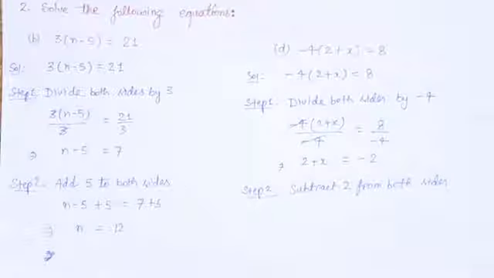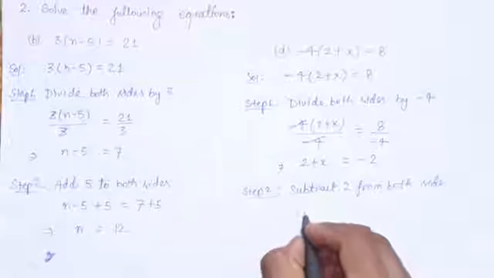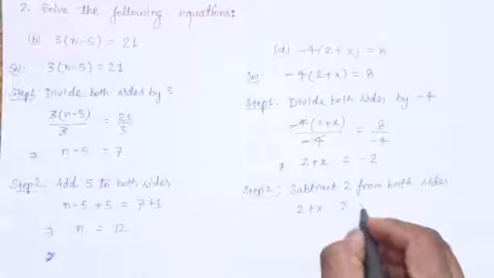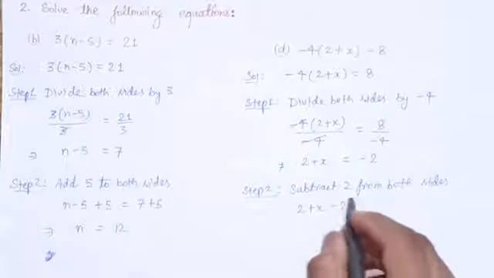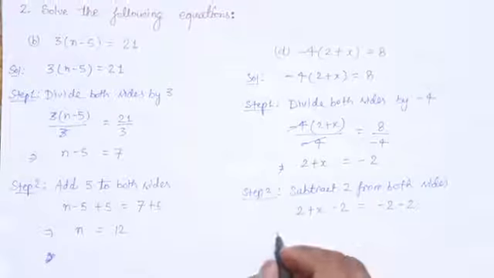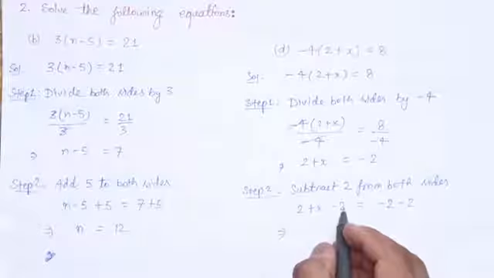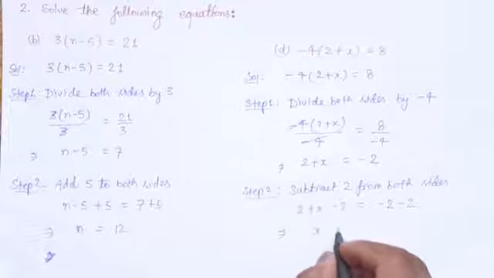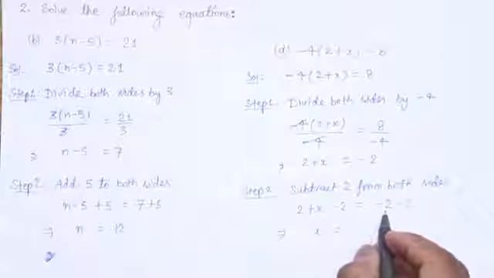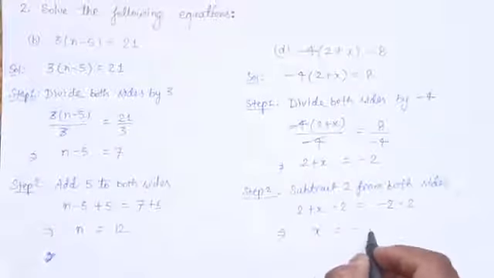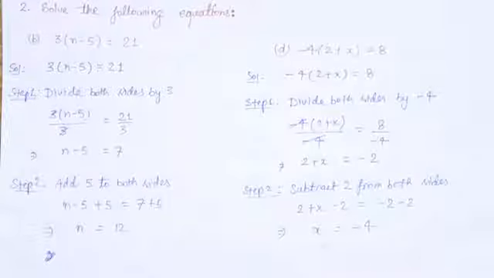So what we get, 2 plus x minus 2 equals minus 2 minus 2. So it implies that 2 and minus 2 are cancelled out. So we have only x on the left hand side, while on the right hand side we have minus 2 minus 2, that is minus 4. So this is our solution.